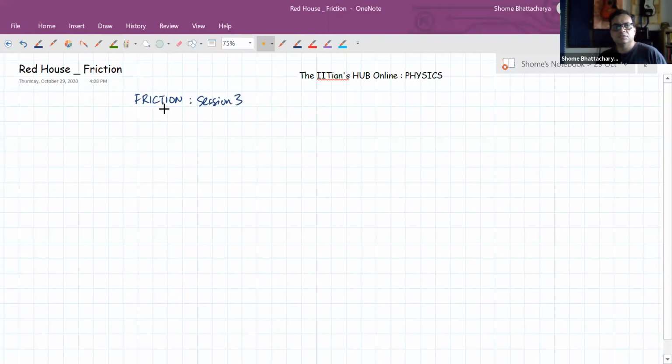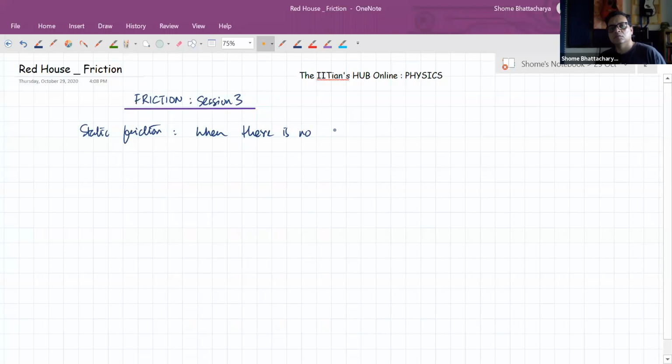So in the previous lecture, we understood about static and kinetic friction, and we understood that the static friction in general acts when there is no slipping, because the static frictional force is able to balance the tangential external force.